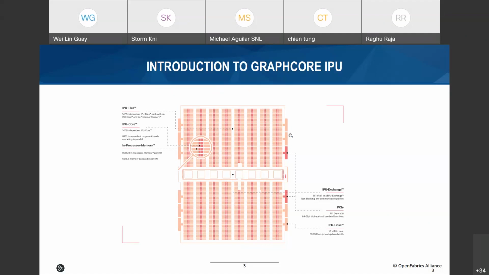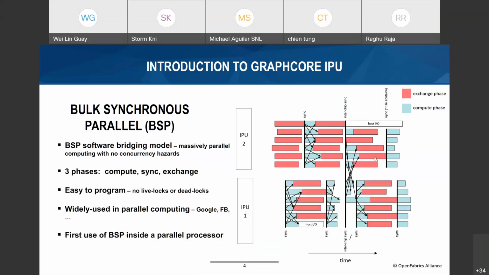And in case you guess, they are implemented as PCIe Gen 4 8x interfaces. So let's move on to the next slide.